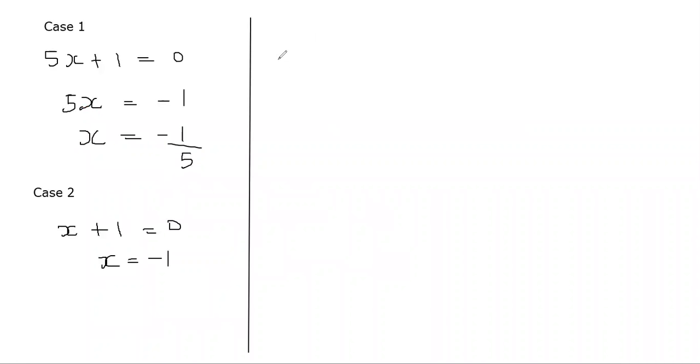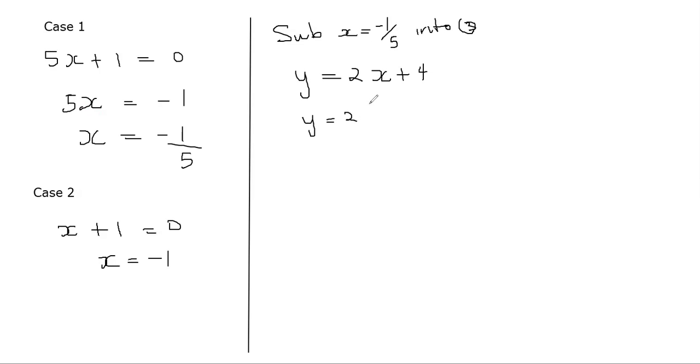So for the first case, we're going to substitute x equals -1/5 into equation 3. Equation 3 was y equals 2x plus 4. So I'm just going to substitute x inside here. y will be equal to 2 times -1/5 plus 4.